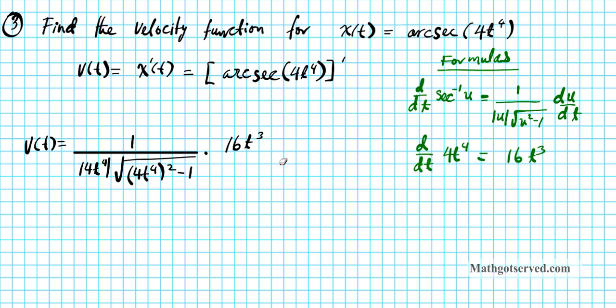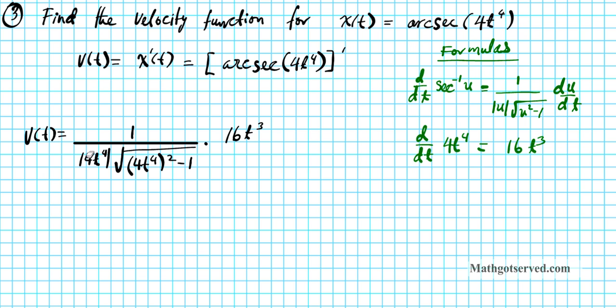Okay, let's go ahead and simplify this a little bit more. Now let's examine this denominator right here. If you notice, we're taking the absolute value of an even power. If you're taking the absolute value of an even power, the absolute value sign is pointless, because the fourth power is going to ensure that this t is always going to be positive.